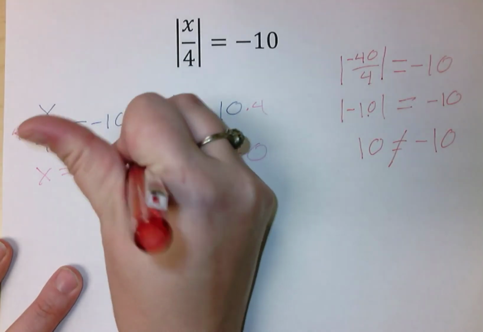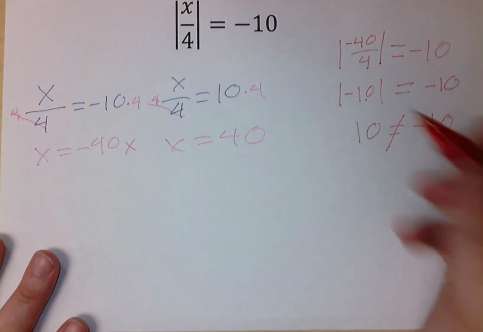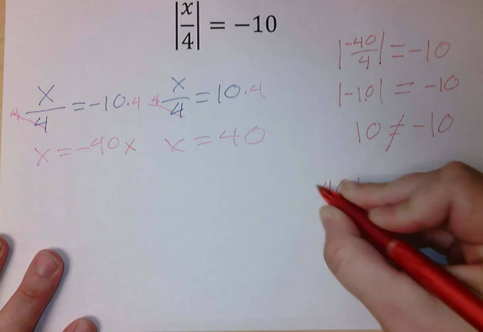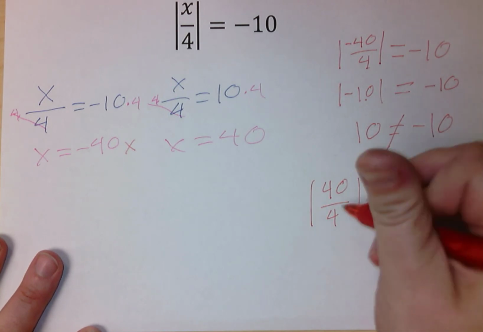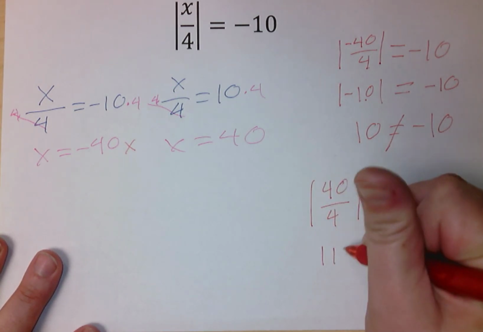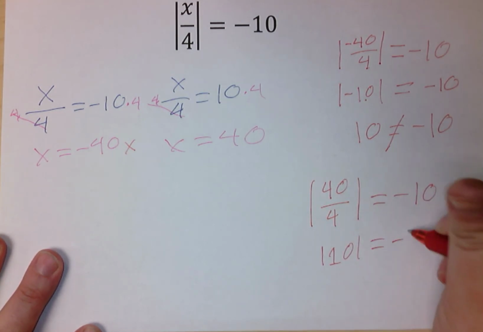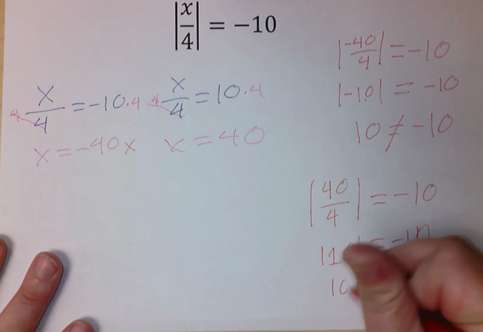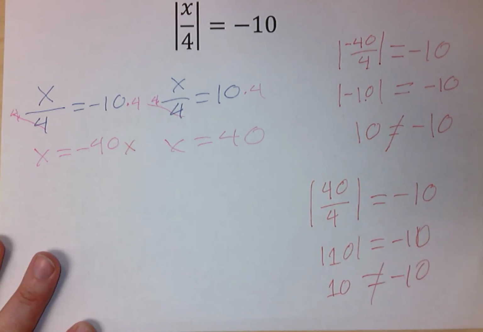So that one didn't work. Let's try the other one. The absolute value of 40 divided by 4 is the absolute value of 10, which is again 10, and that is not equal to a negative 10.